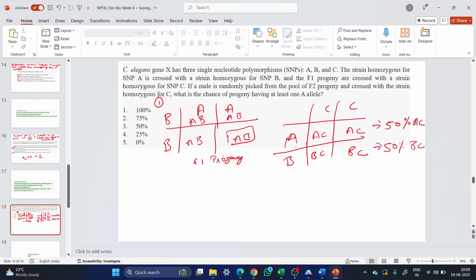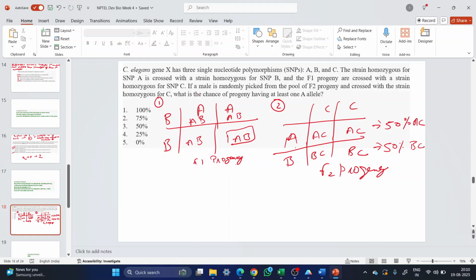Now the question comes: if a male is randomly picked from the pool of F2 progeny, and this is the F2 progeny, this was the F1 progeny, and crossed with the strain homozygous for CC, what is the chance of progeny having at least one A allele? Suppose the male is randomly picked from a pool of F2 progeny; the male can be either AC or BC.